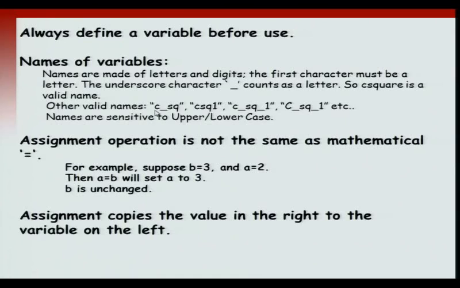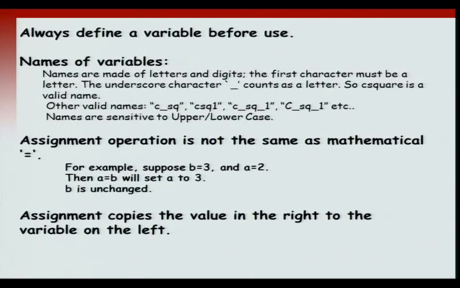Okay. So there are valid names like C underscore SQ, C SQ1, C underscore SQ underscore 1. So all these are valid. One thing to note is that the names are sensitive to upper and lower case. So for example, capital C centigrade is different from centigrade which starts with a small c. So these are two distinct variables. Okay. That's a common source of errors when you start programming.